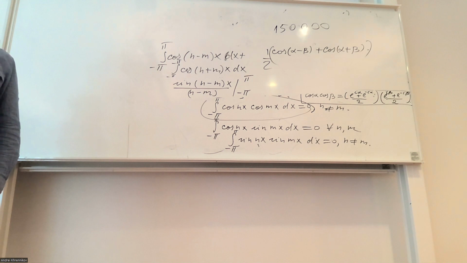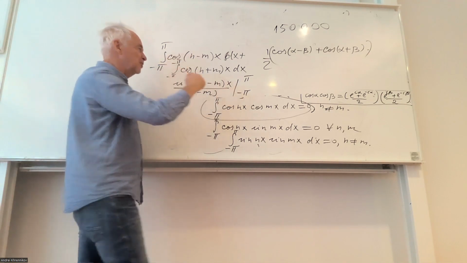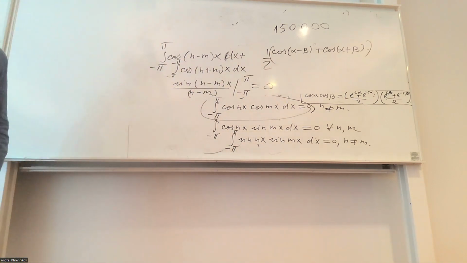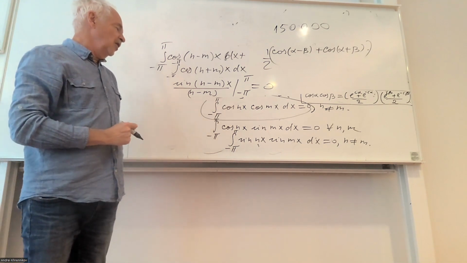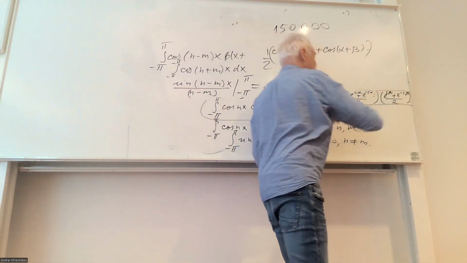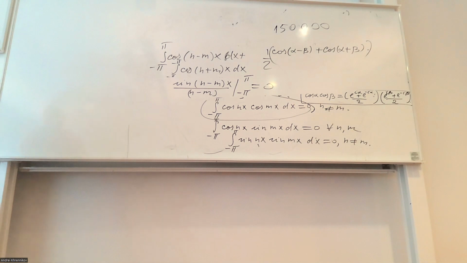It is 0 just because sine is 0. Yes, I was a bit surprised, and this minus from the minus will be plus. So it is 0. And the second is also 0 because sine is 0. So we calculated that this integral is really 0. If you don't remember this formula, you again use this smart method to calculate. So these trigonometric functions are orthogonal on the segment minus pi to pi.